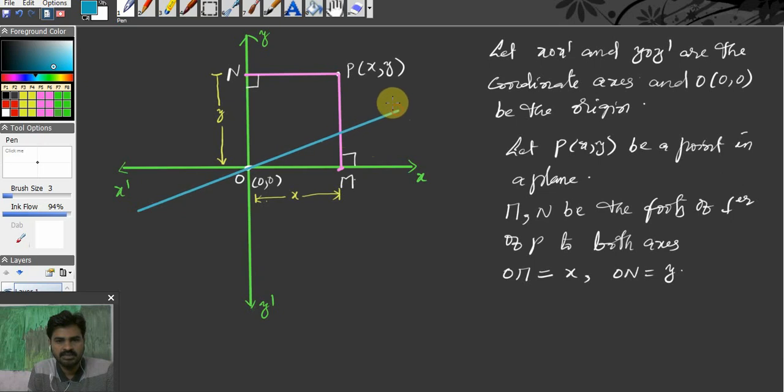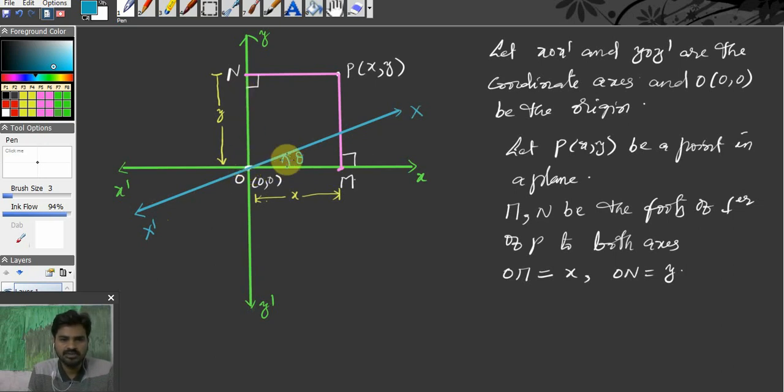This is the x axis I had rotated through an angle theta about the origin. So this name becomes capital X O X dash. In the same process, we rotate the original x axis with the angle theta through the origin.